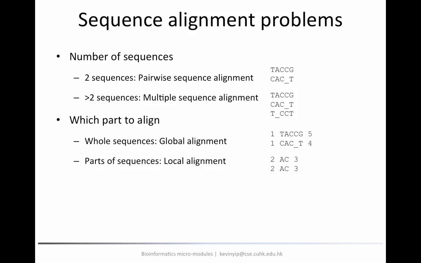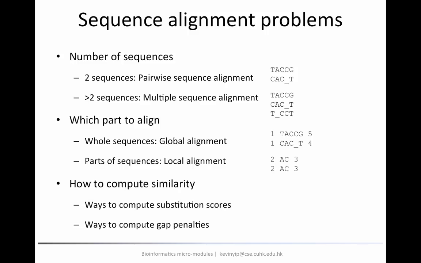Sometimes the sequences are only similar in the middle part. For example, in here, we're showing the alignment of only positions 2 and 3 of the two sequences. If we do that, this is called a local alignment. Finally, there are different ways that we can define the substitution scores, and we can handle the gap in different ways.